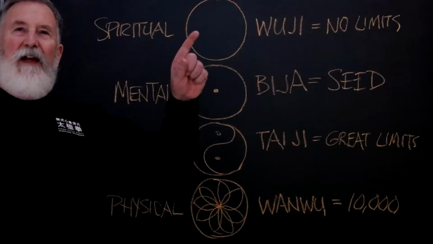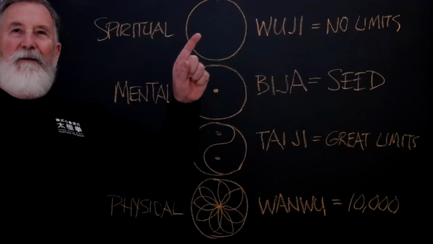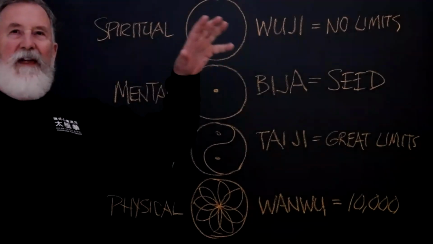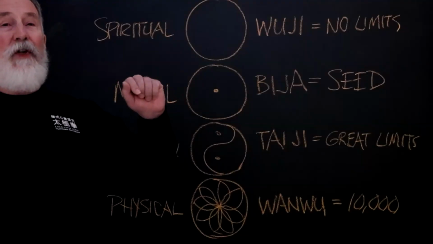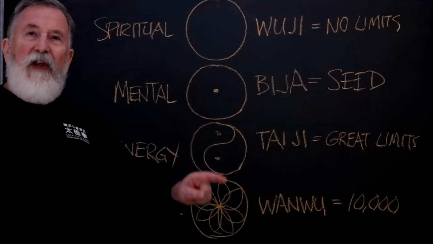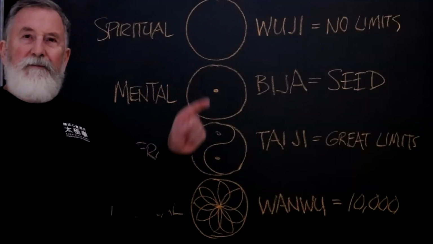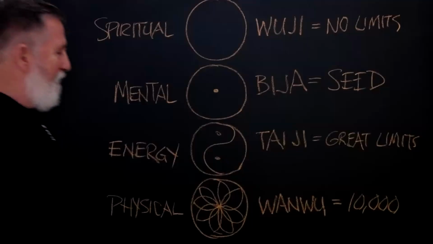But up here at this level, nothing is manifest. It's Wu Ji. Nothing is there except potential. So you can look at this sequence as developmental, right? Or as manifestation.